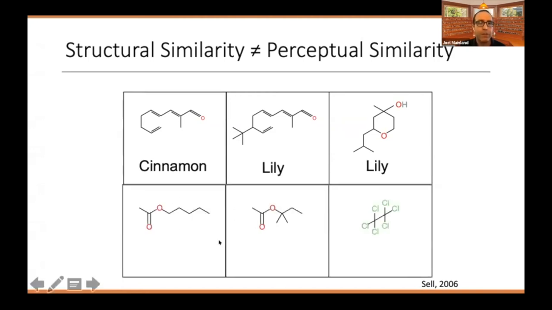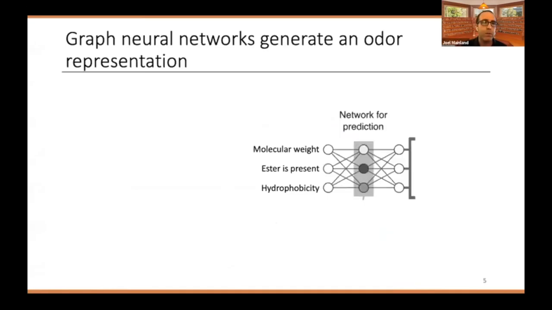These two molecules have exactly the same atoms. One is just straight chain and one is branched. However, the two on the right are the ones that smell most similar. So what this indicates is that our map from molecular structure to perception is not really adequate given the current techniques that we're using. So how can we find a better way to numerically represent odors?